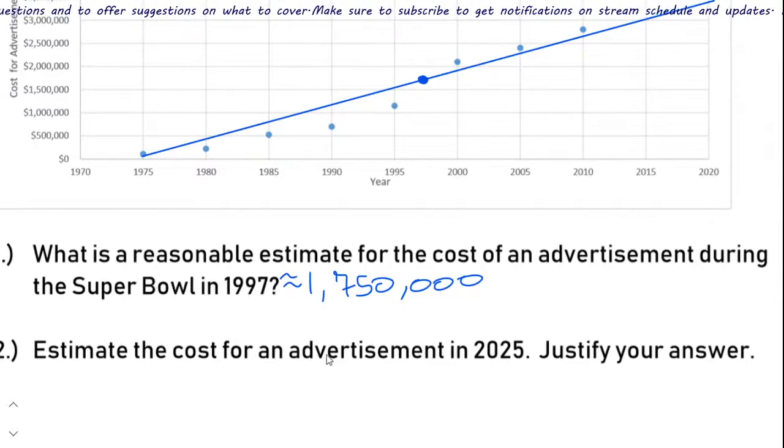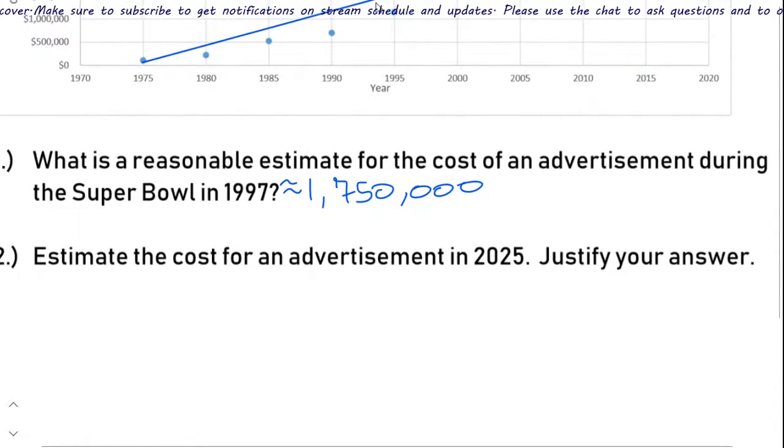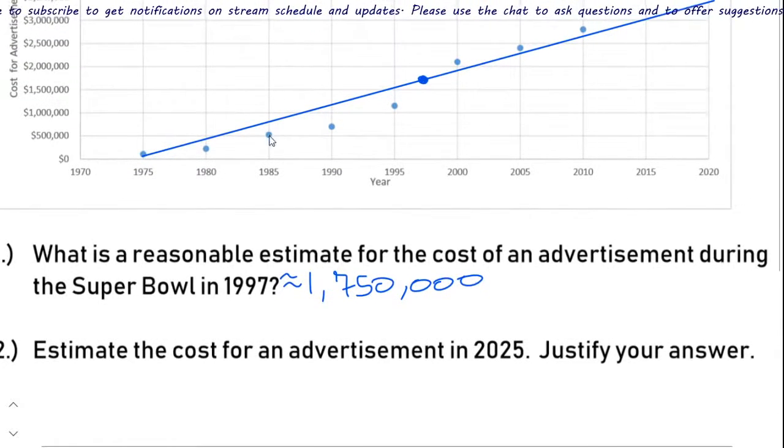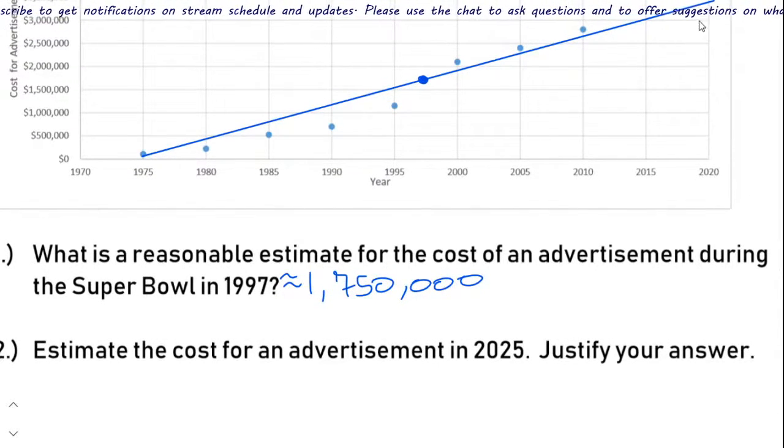Now they want us to estimate the cost in 2025. So 2025 is a little bit off the board right now, right? There's a couple of different things you could do. You could use 2 points to come up with an equation for a line. Or we could just draw this out a little bit further.